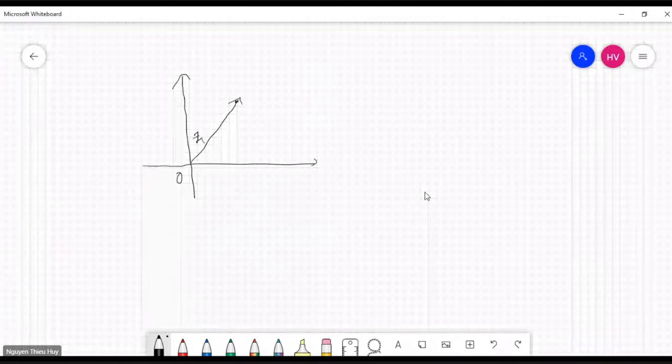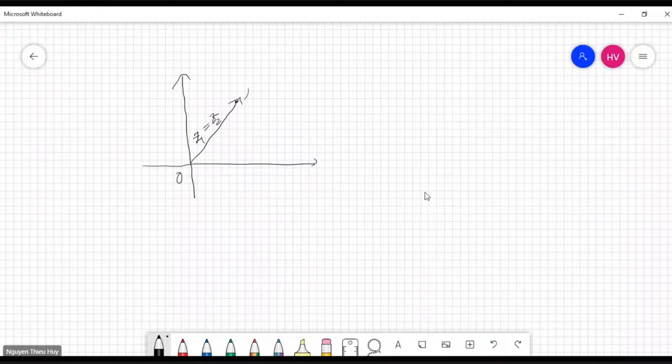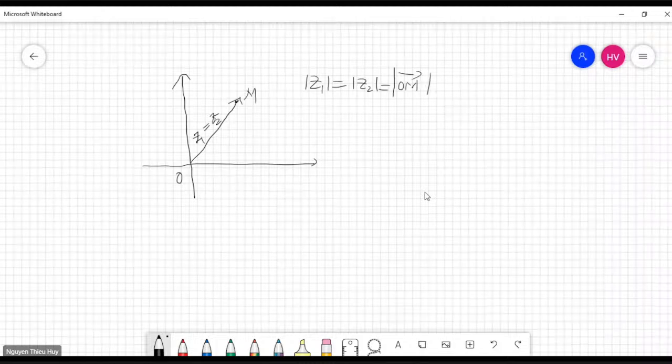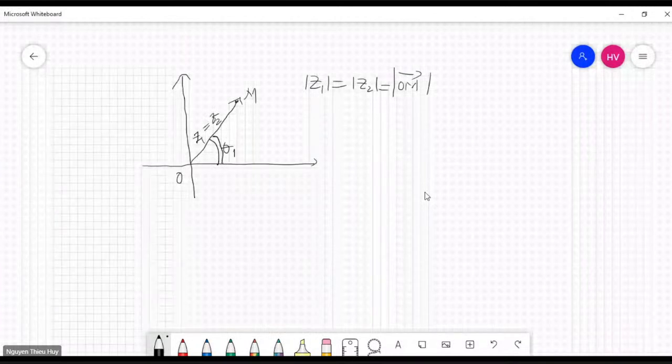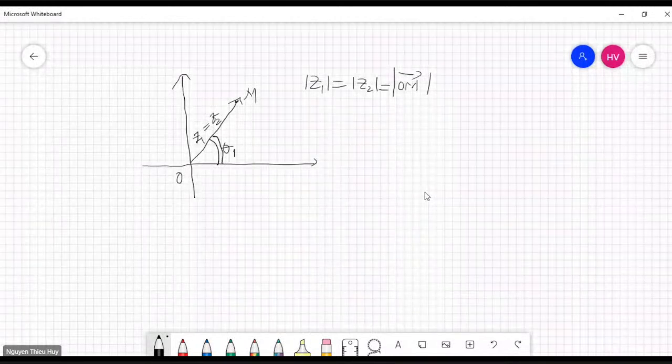Z1 equals Z2, of course equal to OM. And of course the modulus should be the same because this is the length of OM. No other choice. But the angle, let's look at this angle. So you have theta 1, then you have theta 2. The first vector is always on this OX, and the second vector is OM.